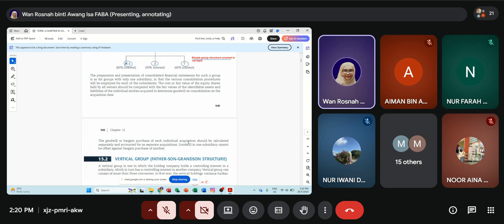Remember that we covered the equity method in the previous chapter. The equity method is for associate company or joint venture.